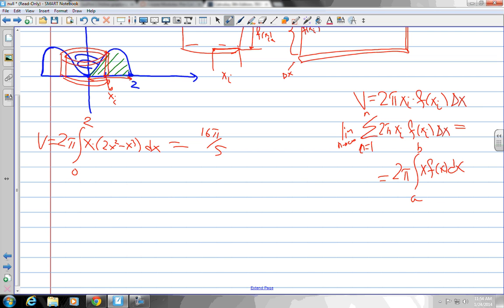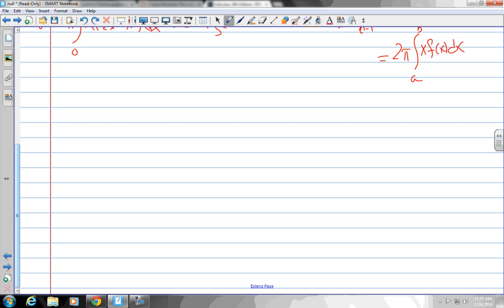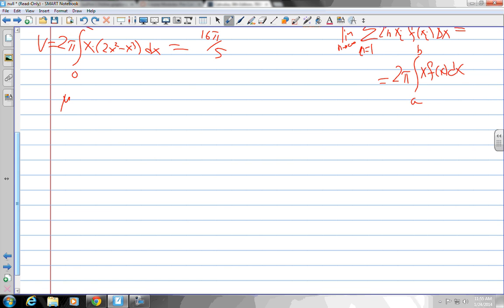Okay? You can compute that, it's not hard. But one thing with the method of cylindrical shells, by the way, this is 7.3 already.